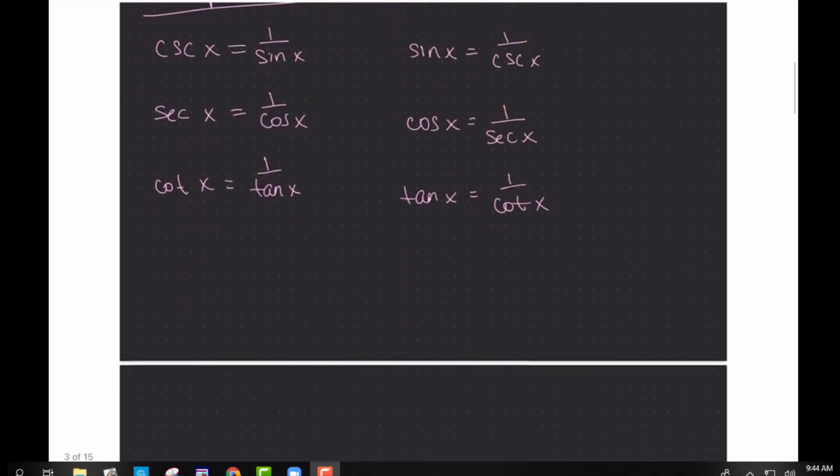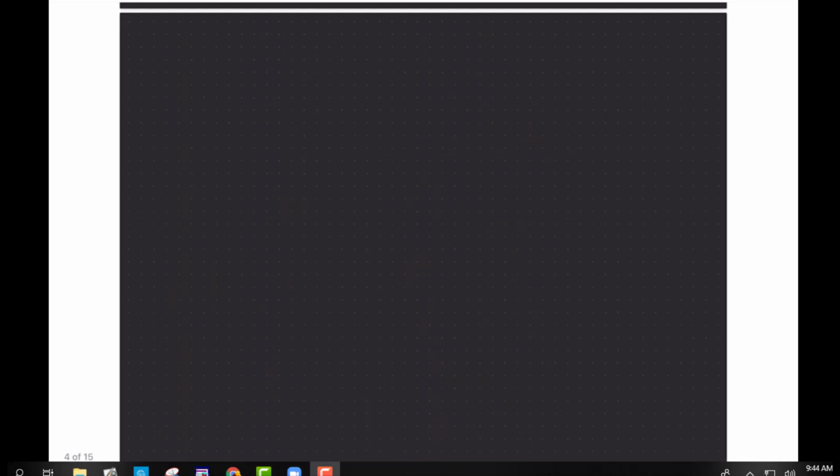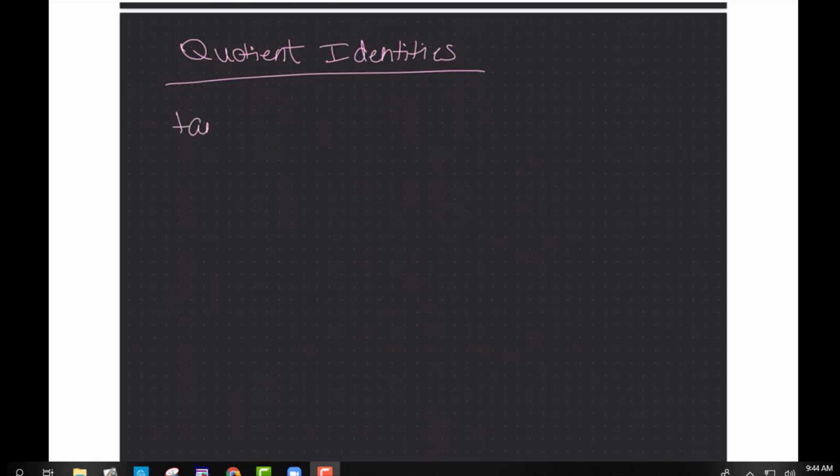We call another identity quotient identities. So in mathematics, what does the word quotient mean? Division. Yeah, division or a fraction, right? So quotient identities, and there's only 2 of them. And you actually know these, right? If I took the tangent of x and wanted to write it as a quotient, do you think this would be sine of x over cosine of x?